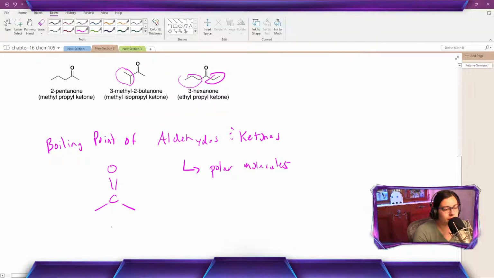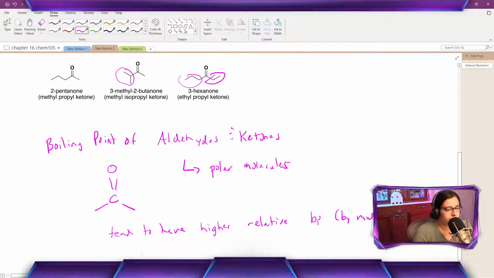And so they tend to have higher relative boiling points by molecular weight due to polarity.